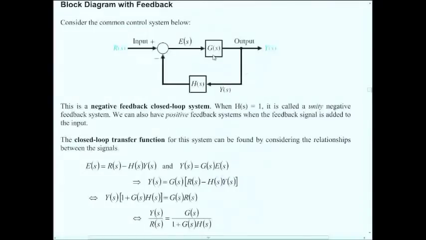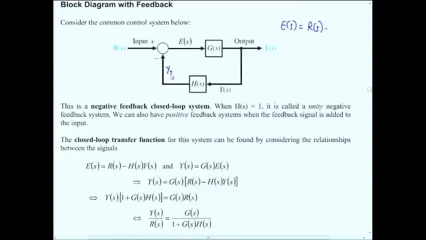Well, the first principle way of determining that is just writing out all the equations that appear in that block diagram, similar to what we've just done for the parallel and cascade. So you'd write down what this represents, what's that signal?